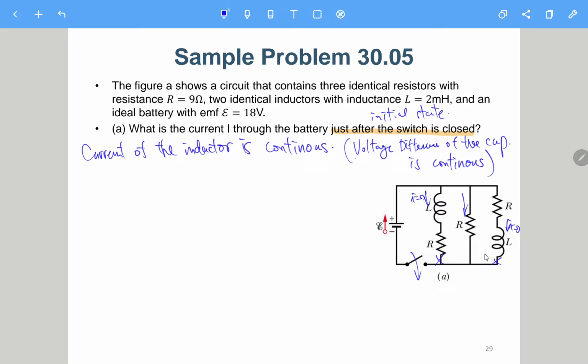So in this case, the current I going through the battery is nothing but this path. Using Ohm's law, this is the voltage difference for this resistor, so this is 18 over 9 ohm, which is 2A. Any questions?